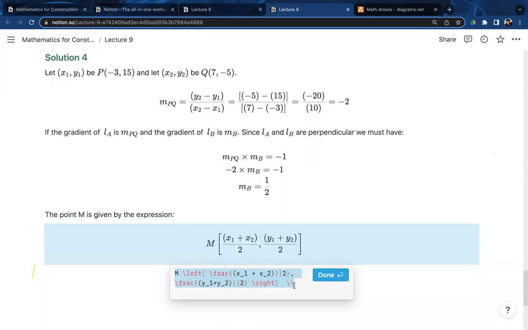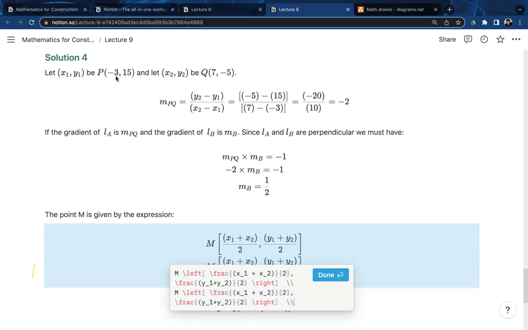So let's do that. x1 is -3 and x2 is 7. y1 is 15 and y2 is -5.